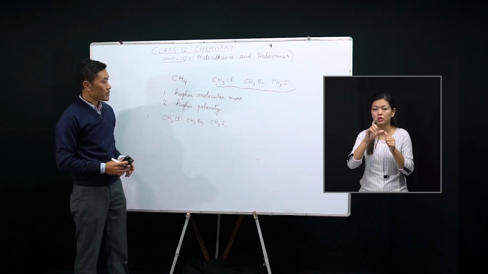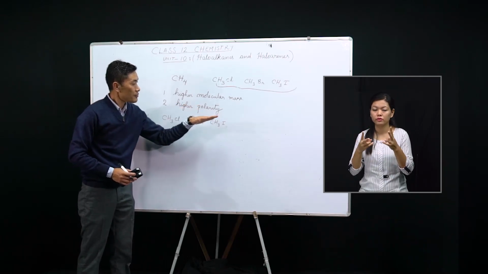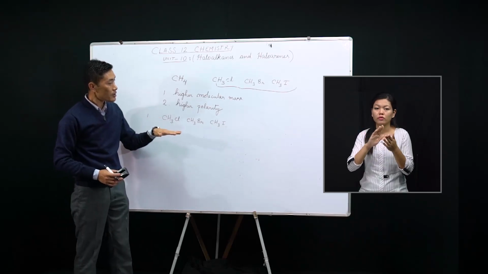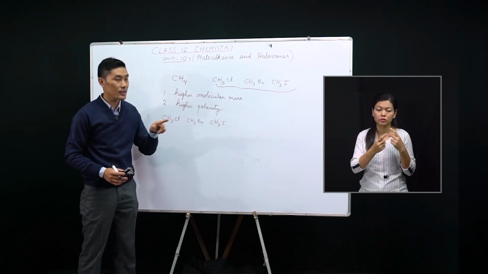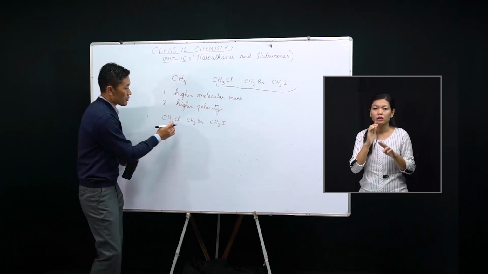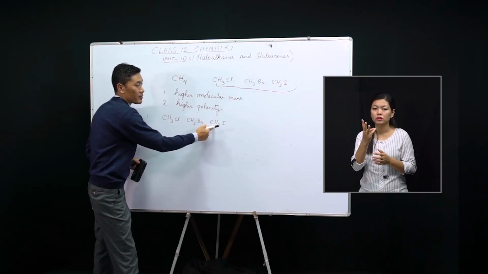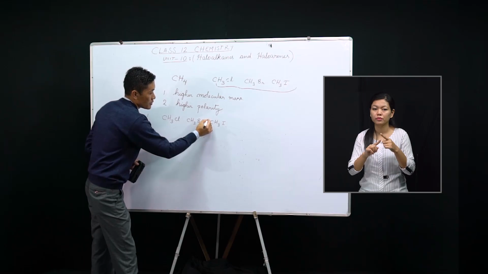If we have compounds like this, the molecular mass of the halogen will determine the boiling point. The higher the molecular mass of the halogen, higher will be the boiling point. So among these three, iodomethane will have the highest molecular mass and therefore the highest boiling point.